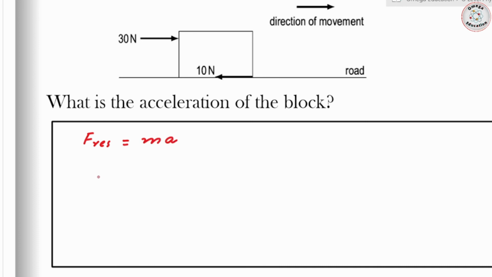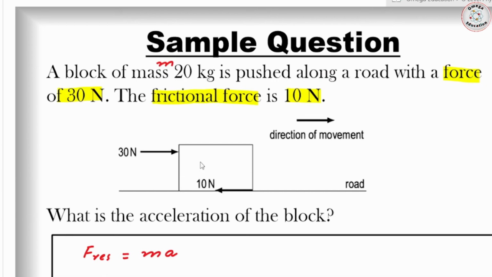Then you can rearrange it to find a equals F resultant over mass, and that's why we're writing the resultant. Now you know the resultant force means the overall force or the net force. So there's a force of 30 Newton pushing the box, and out of that 30 Newton, 10 Newton is being wasted against the friction.